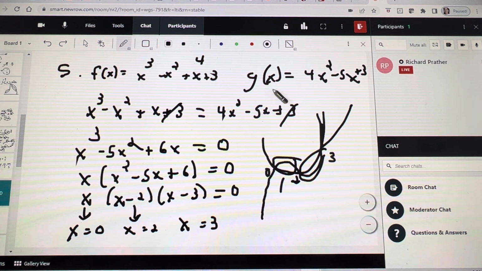And g of 1 here is 7 minus 5, which is 2. So f is the function that's above g in the first portion. Just by plugging 1 in, I could tell that. So it should be f of x minus g of x in your first portion. You should do this minus that in the first portion.